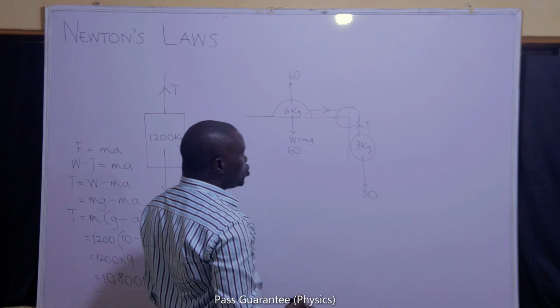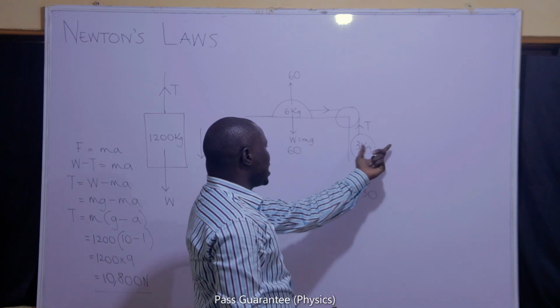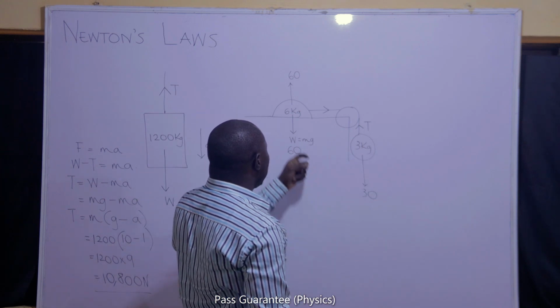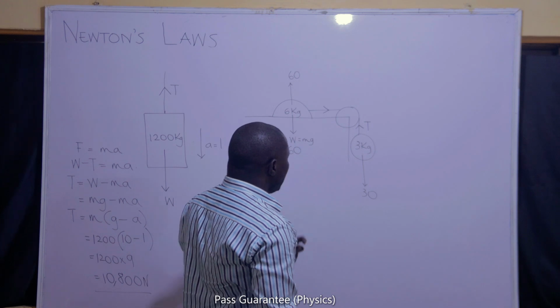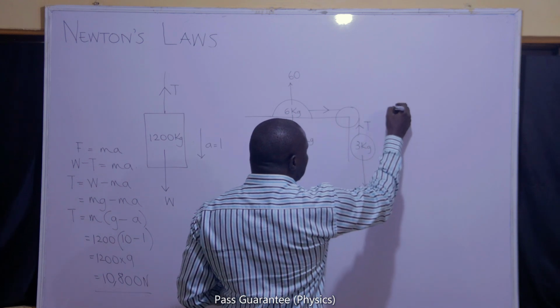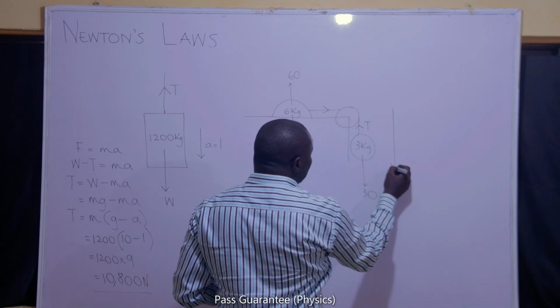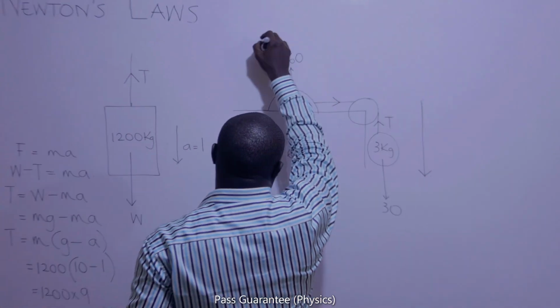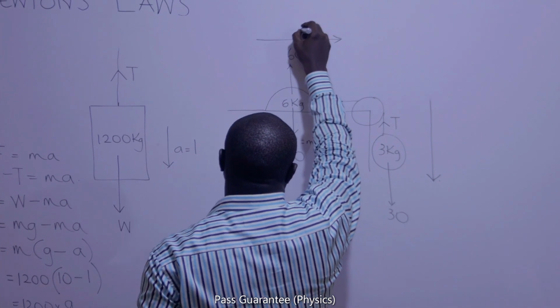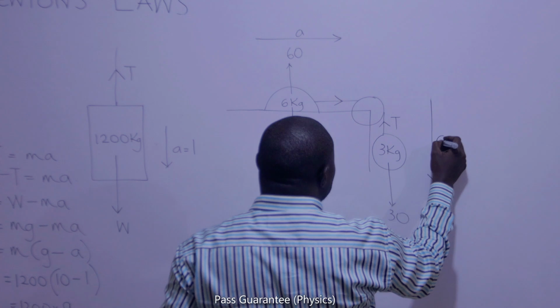So what I will just do, therefore, is to write my equation of F is equal to MA. But before then, I have to assume a direction in which this object will move. It can only move downward, and this one will follow in this direction. Because they are connected, they will have the same acceleration.